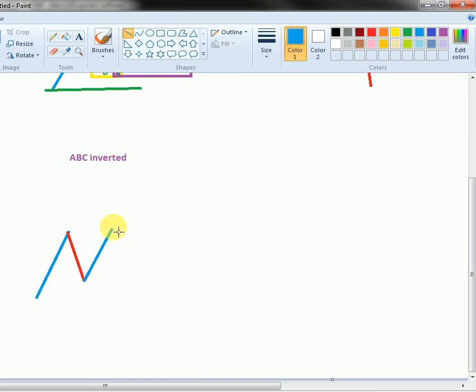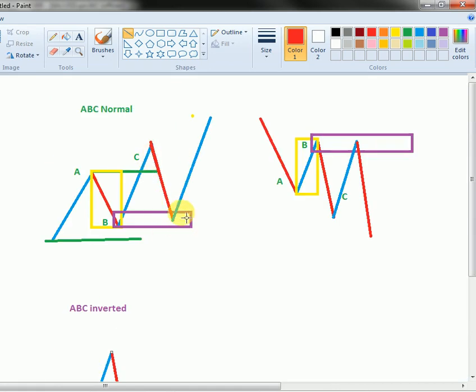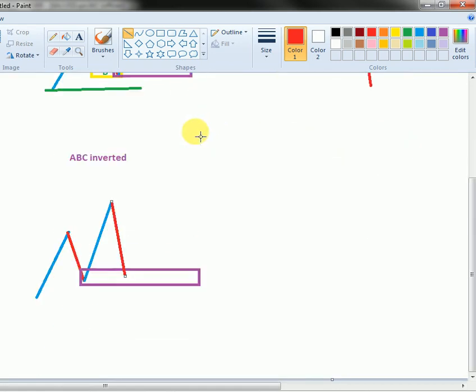We wait to enter at the best B here, and then price moves down. So for ABC normal, we actually buy here and hopefully price goes up.